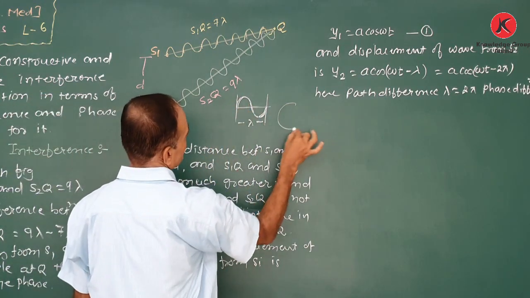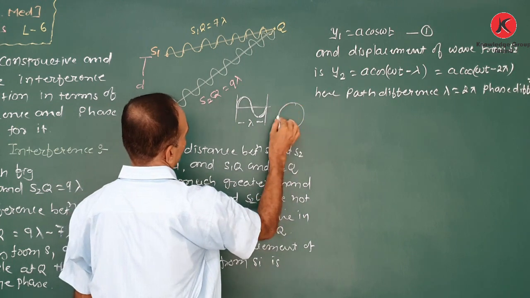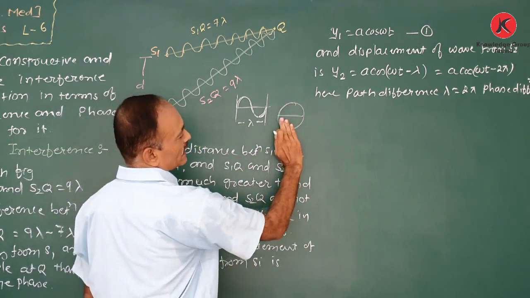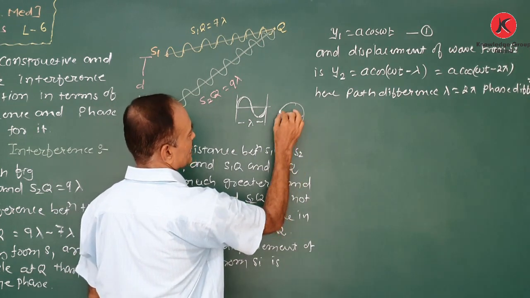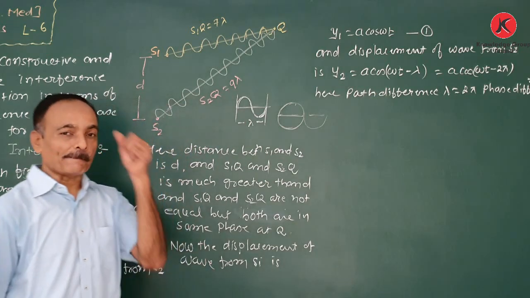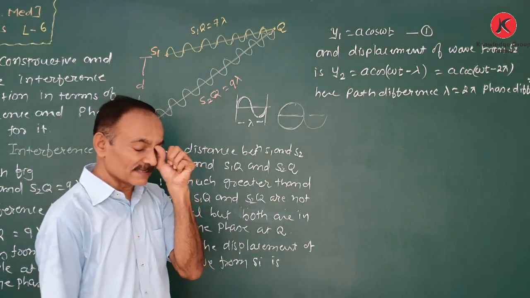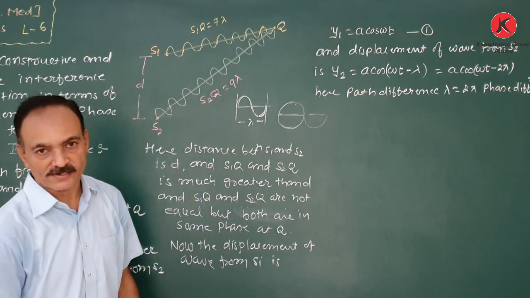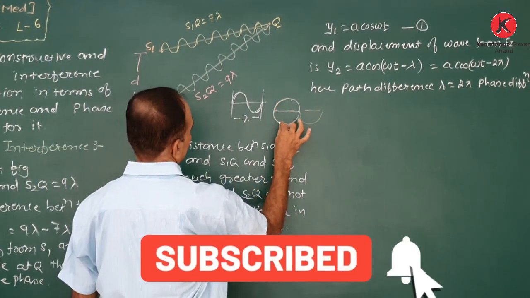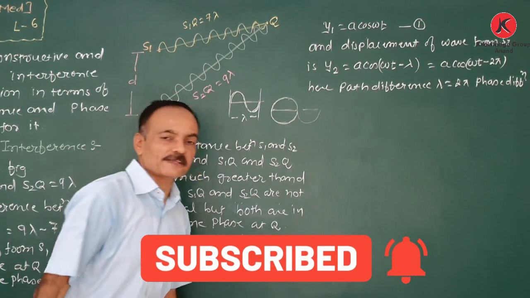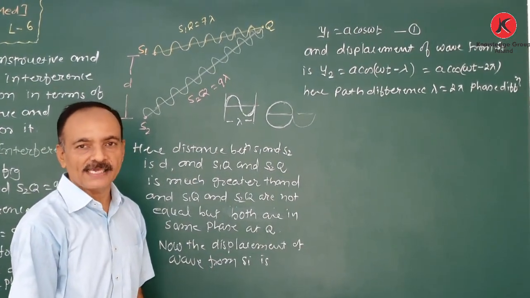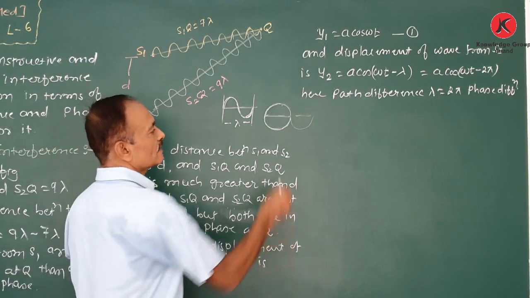Our wave is like a circle: that is the crest, that is the trough. If the trough is made in this direction, that is our wave. Already we discussed in 11th standard, in uniform circular motion, when a particle rotates on a circular path, after the completion of one rotation its phase is increased by 2 pi radian.